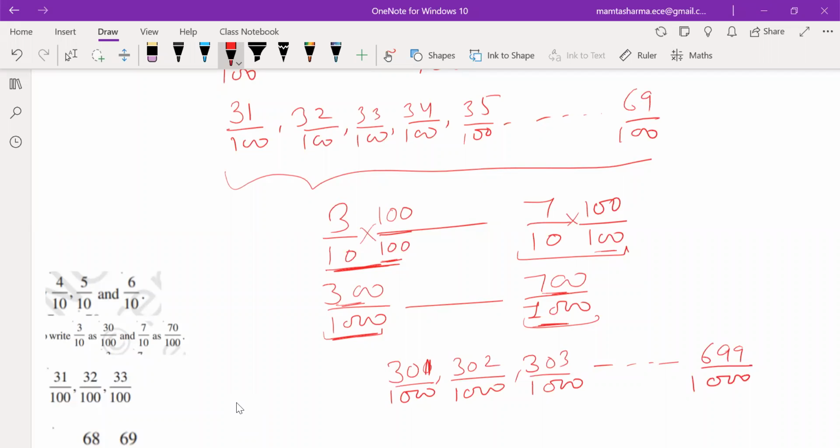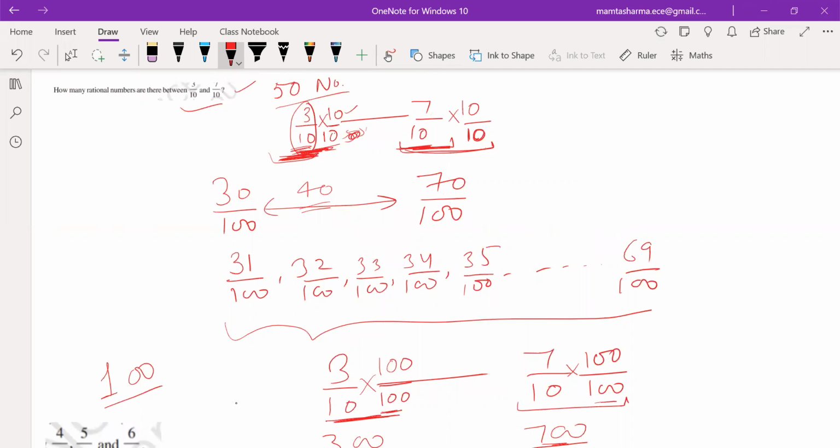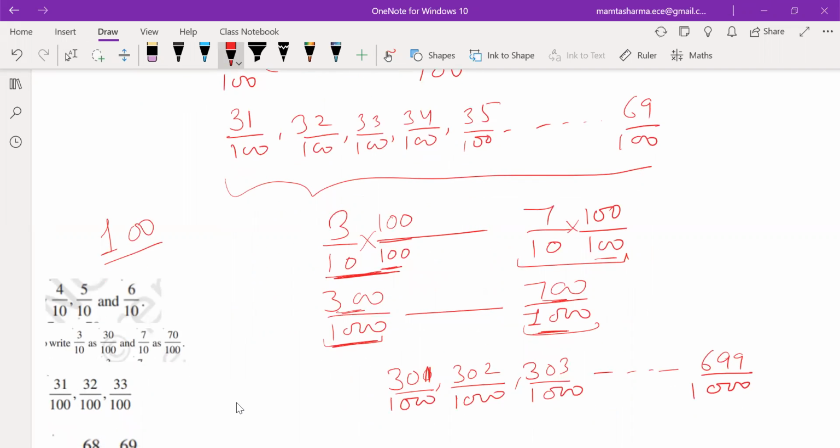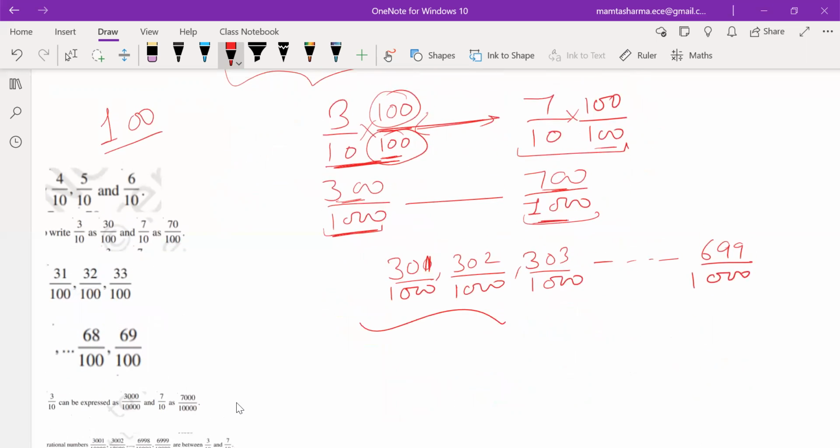If the number is below 100, multiply both sides by 10. If the number is above 100, multiply by 100 times. Is it clear for all? Yes, ma'am, it's clear.